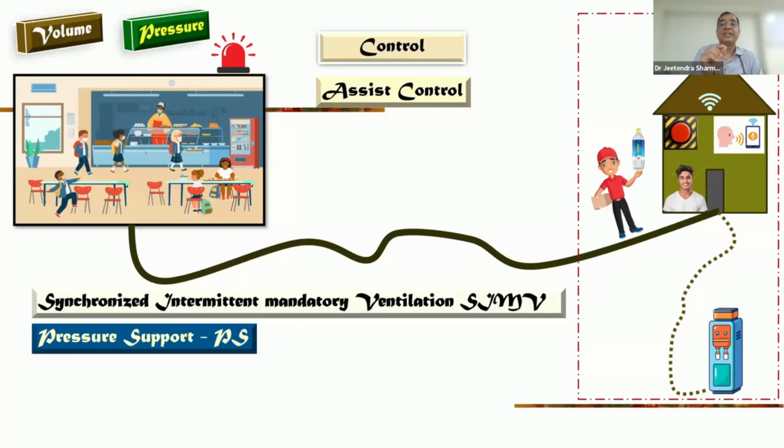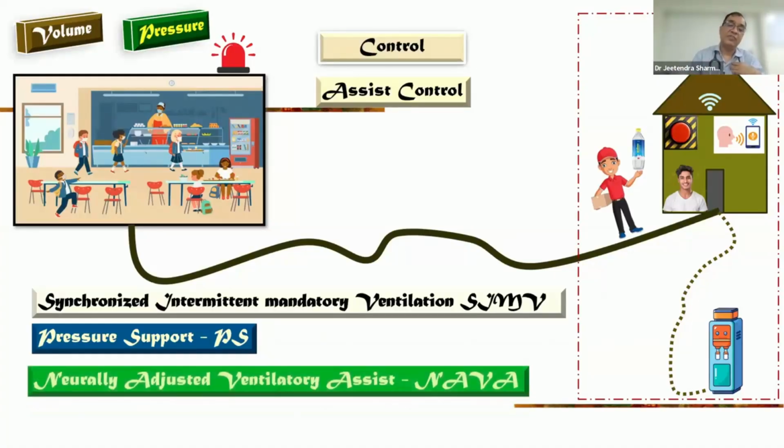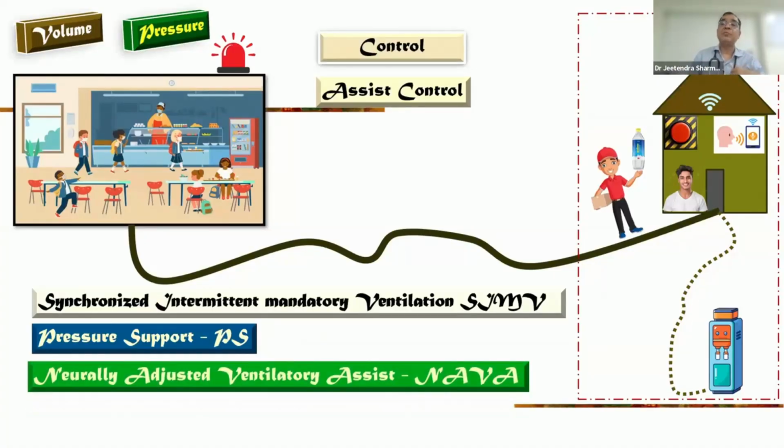Specific electric activity recognizes the initiation, slightly before the patient effort. That is called NAVA. NAVA is nothing but the most advanced form of triggering. Actually, it is a pressure support, the rest is pressure support. But they trigger with the electric stimulation of the diaphragm, not by the patient effort.